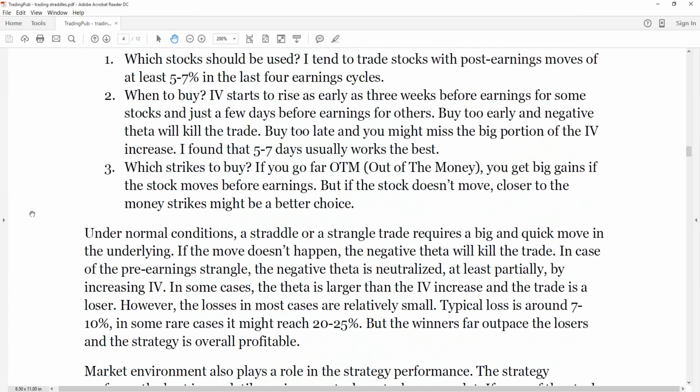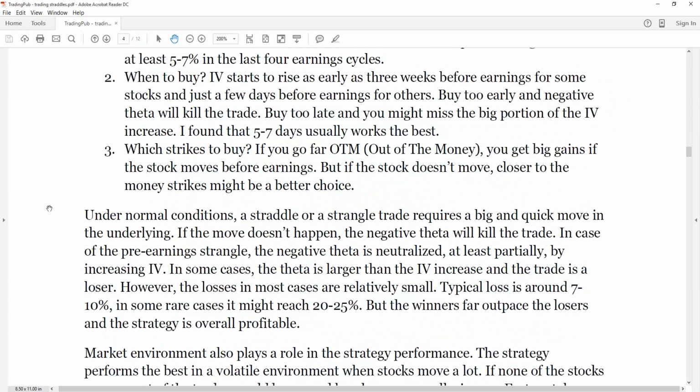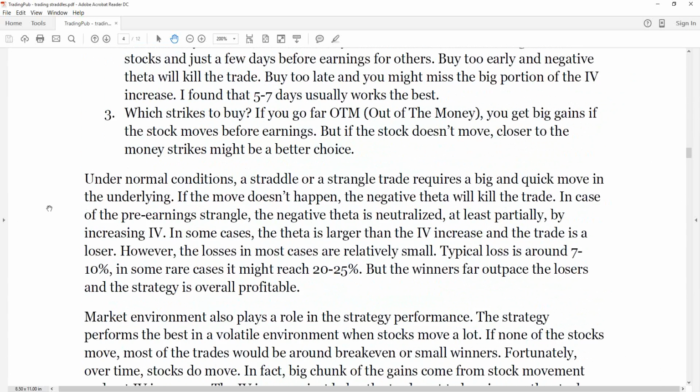We don't want to go too far out of the money because this will be a more aggressive trade and we need the stock to move more before earnings. But for me, the straddle represents the best compromise between risk and reward.